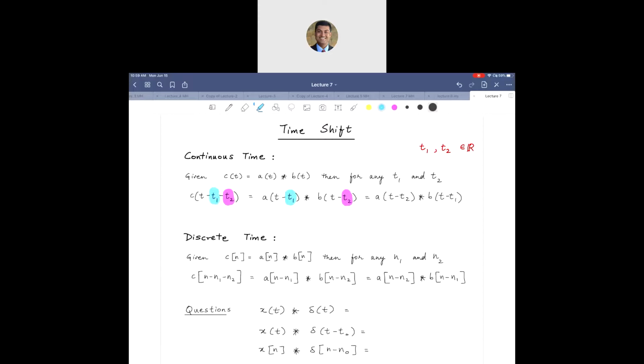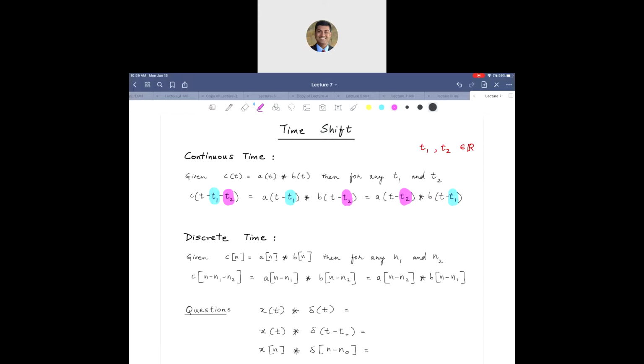Can also be written as t2 goes up front, t1 goes here, t2 goes here, which means that if you consider A convolved with B, no matter where you shift A and B, so if you shift A by t1 and B by t2, it is the same as the convolution output when A was shifted by t2 and B was shifted by t1.